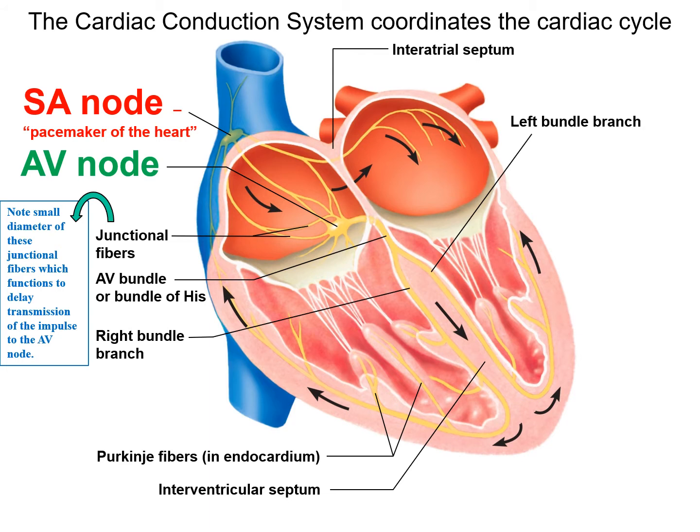This is affectionately referred to, as you can see here, as the pacemaker of the heart because it does set the pace. This is a special piece of tissue. It's part heart muscle, part nervous tissue that initiates and distributes electrical impulses.